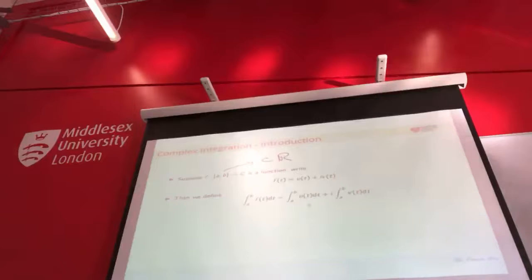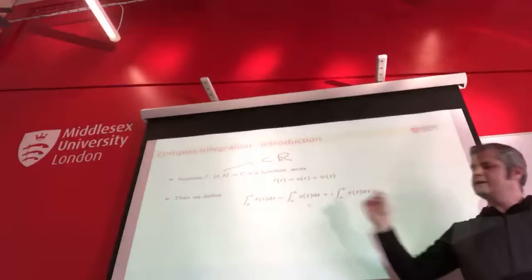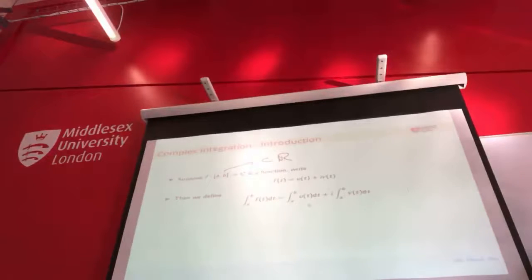So the way you define the integral of a function like this is by doing what we've done before, by rewriting f in terms of its real part and its imaginary part. The real part we always call u, and the imaginary part we always call v.